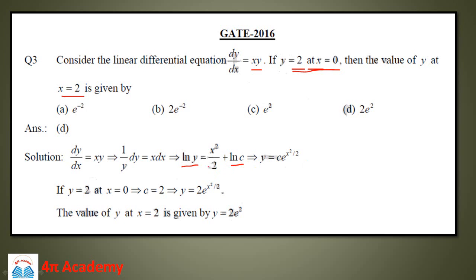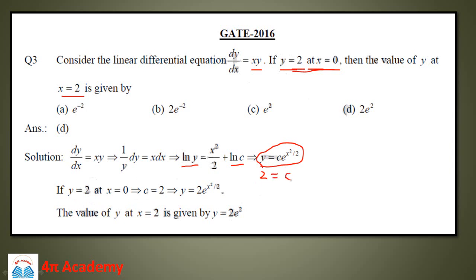So finally the solution is y is equal to c times e raised to power x square by 2. So this is our solution. Let us substitute the condition that y is equal to 2 at x is equal to 0.